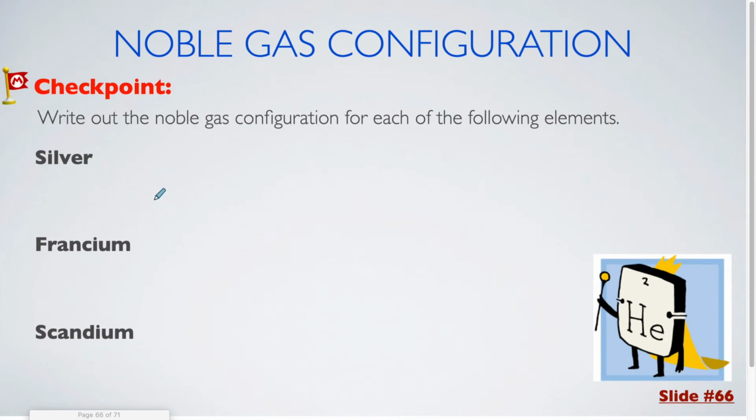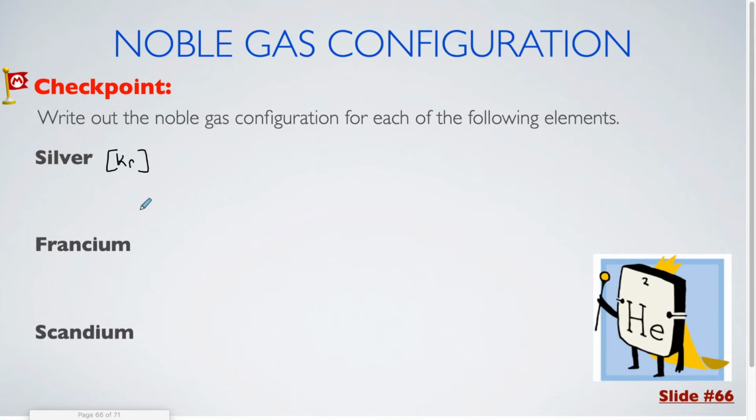For our checkpoint, we are going to be writing out the noble gas configurations for these 3 elements, and we're going to start off with silver. The first thing you need to do is figure out which noble gas came before silver on the periodic table. And again, the noble gases are the elements in group 18 at the very end of the periodic table. Silver is element number 47. So if you find the noble gas that came before 47, that would be krypton, or Kr.